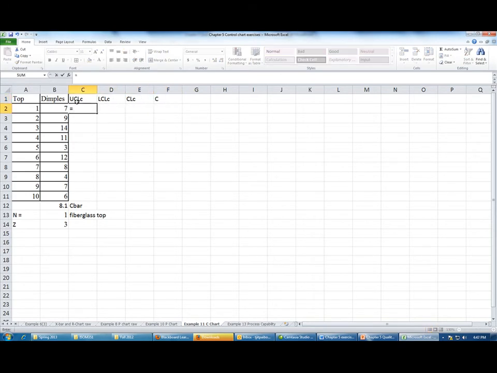Upper control limit C equals C bar plus Z times square root of C bar. Don't forget the plus. Okay.